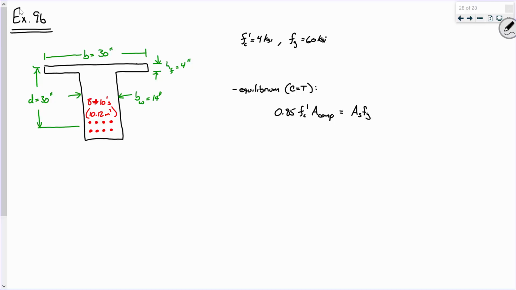So we have area of compression equals AsFy over 0.85 f'c. So that is 10.12 square inches, 60 ksi. And that. Now what do we get?